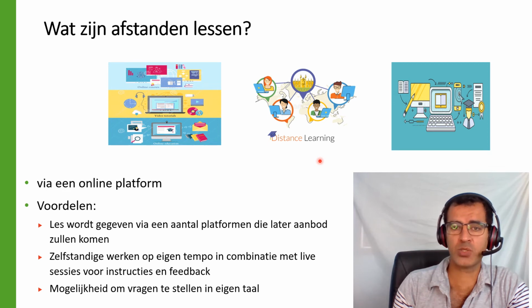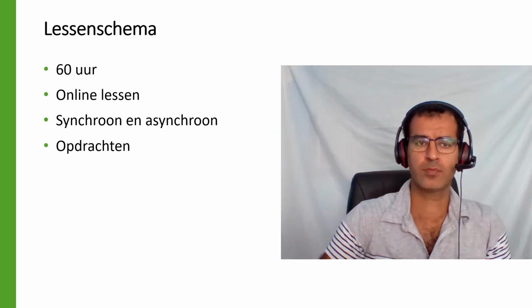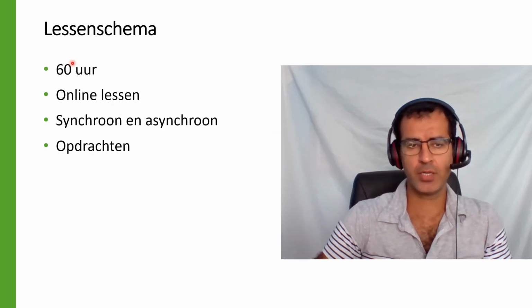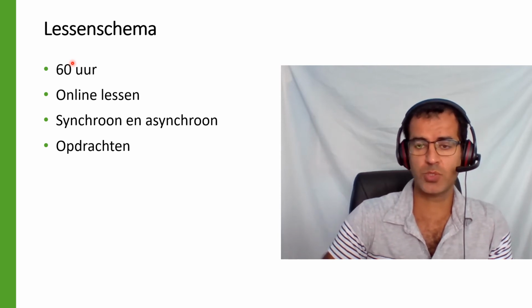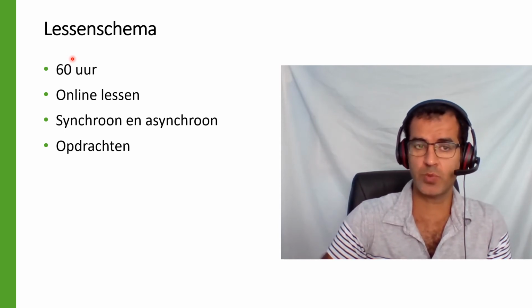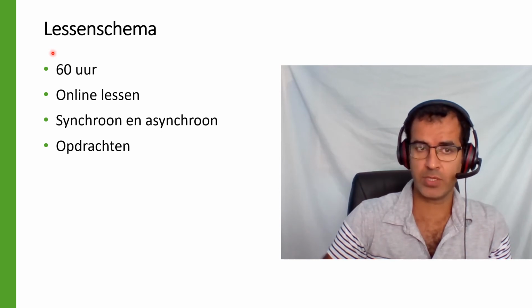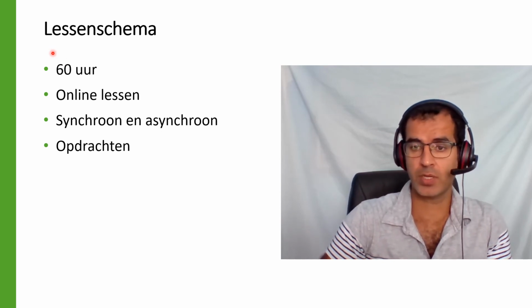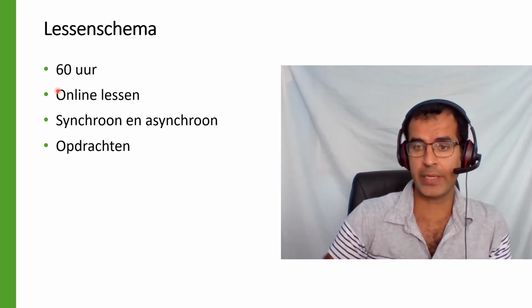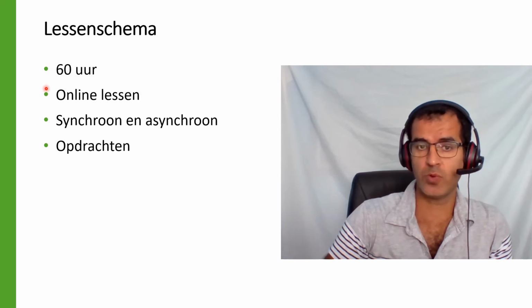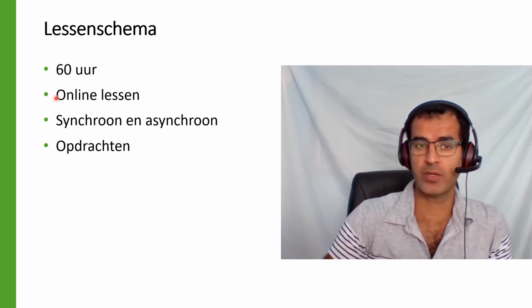However, as I told you, how we are going to work together: the training course, I mean the social orientation course, is designed to normally be 60 hours of training in normal sessions. However, because of the situation that we are living in right now, we are conducting it online, so you will follow 60 hours of online lessons.